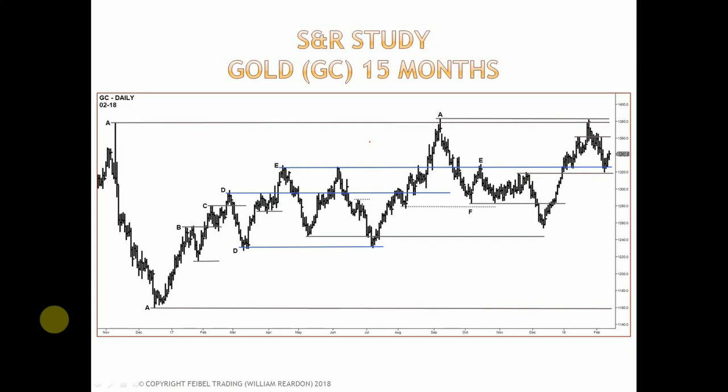Now, if we go into the dynamics of the market and how it works, not just support and resistance, say we come up here in an uptrend, boom, we come up and we upthrust. So there is selling here.